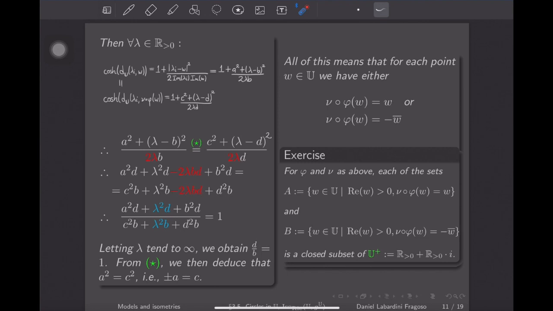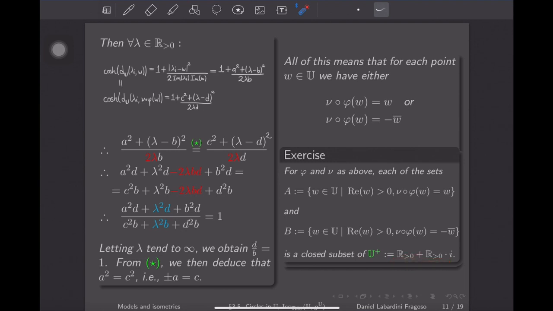But anyway, now the point is this: consider the part of the upper half plane which has positive real part.